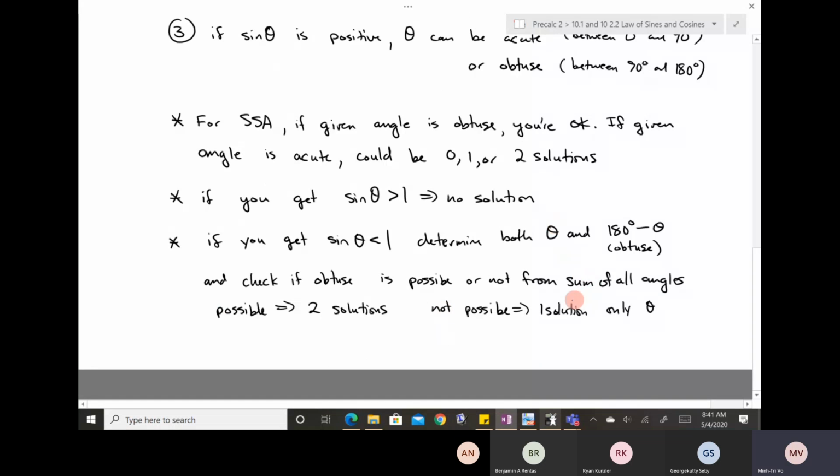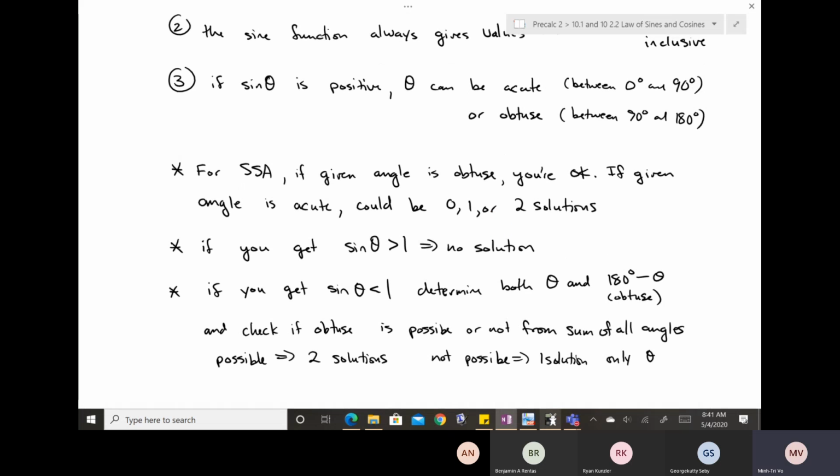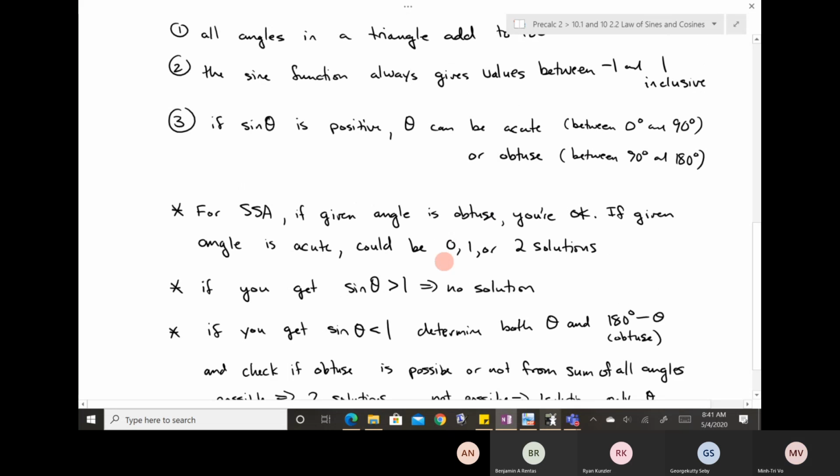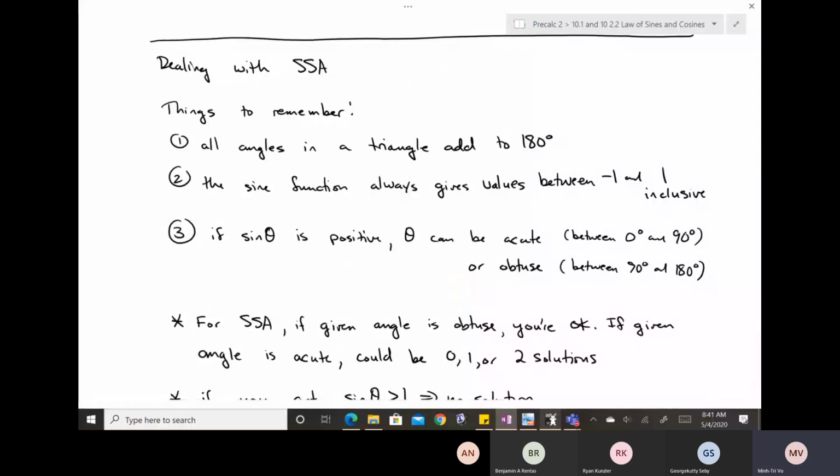So that's one solution. But if the obtuse angle is possible, then both are solutions, either the acute or the obtuse. Okay, so that's the situation with SSA.